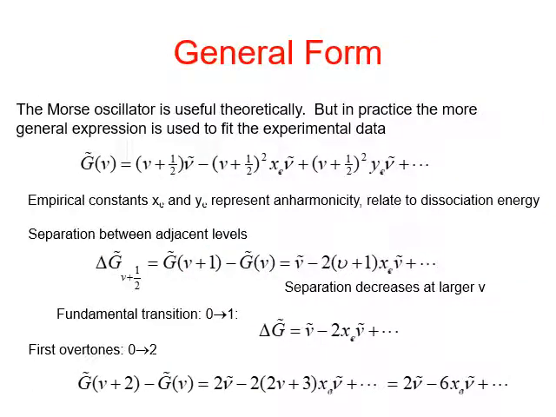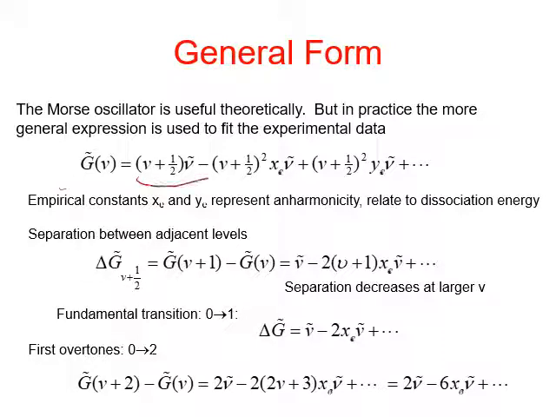Morse potential is not the only one used to simulate the potential energy of the vibration. There are other functions that have been used. The solution to the Schrödinger equation is similar to the Morse function, and that is the allowed energies in terms of inverse centimeter.